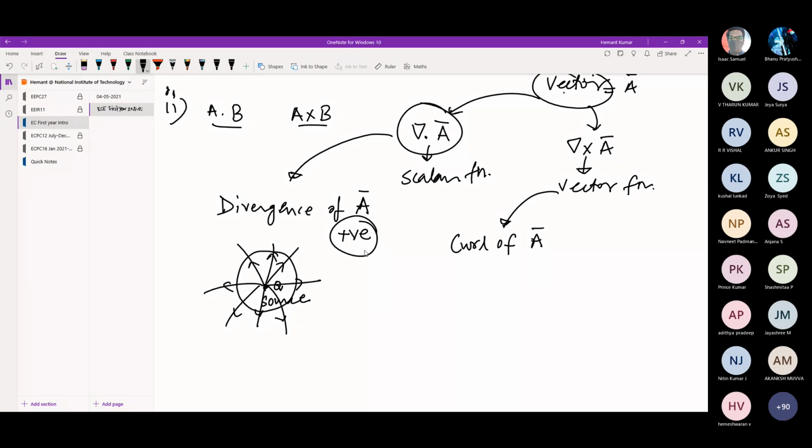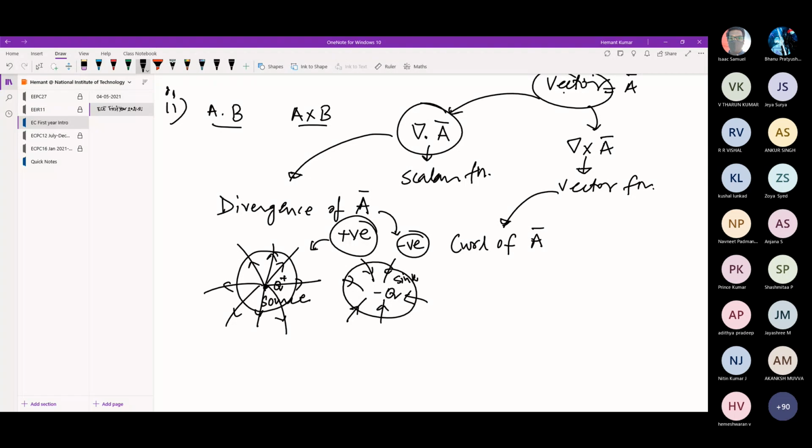If there is an inward flow, so instead of a positive charge, suppose you have a negative charge, then in that case the flow will be inward. So electric flux will be flowing inward. If you take a sphere, the net flow of the electric flux will be inside the sphere. So in this case, the divergence will be negative. This is known as a sink.